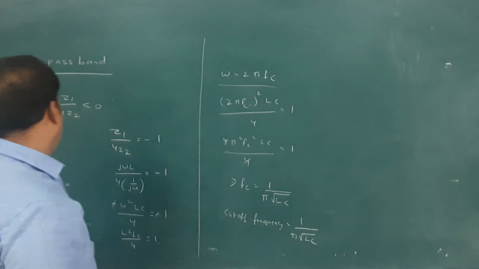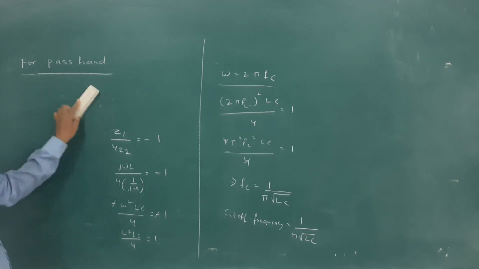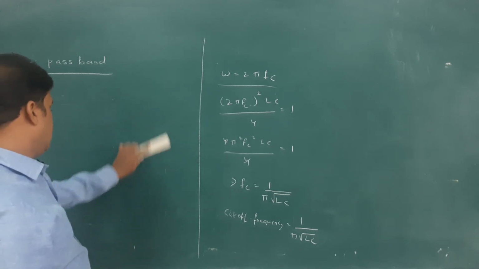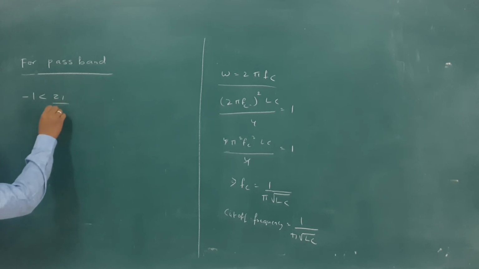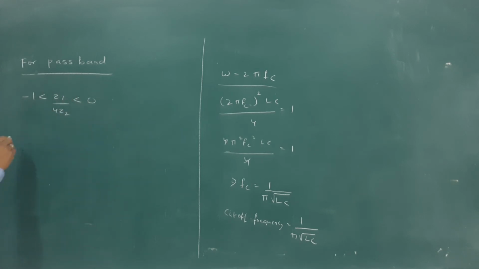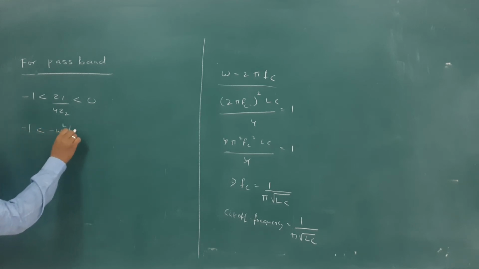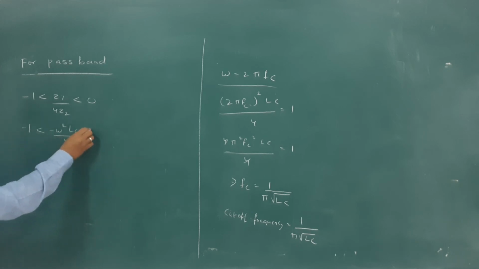Now for this pass band we are taking this range. What is the range? We have taken minus 1 less than Z1 by 4 Z2 less than 0. So here we will write minus 1 less than minus omega square LC by 4, as we have derived already, less than 0.